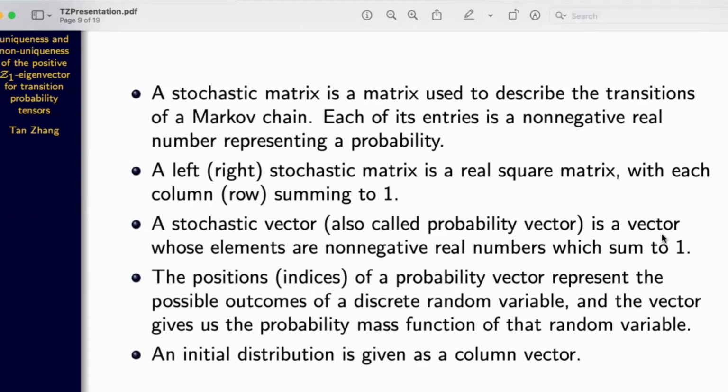A stochastic vector, or sometimes called a probability vector, is a vector whose elements are non-negative real numbers that also sum to 1. The positions of a probability vector represent the possible outcomes of a discrete random variable, and the vector gives us the probability mass function of that random variable. An initial distribution is given as a column vector.